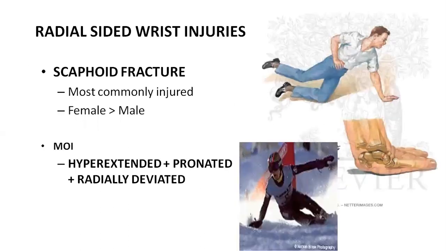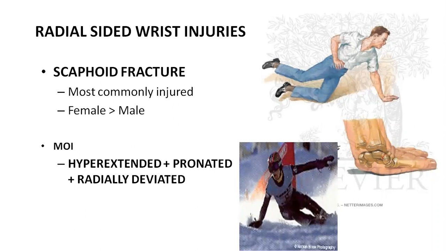The basic mechanism for the scaphoid fracture, the radial fracture, or other carpal bones in the wrist is the injury we can call a FOOSH injury, or fall on the outstretched hand.